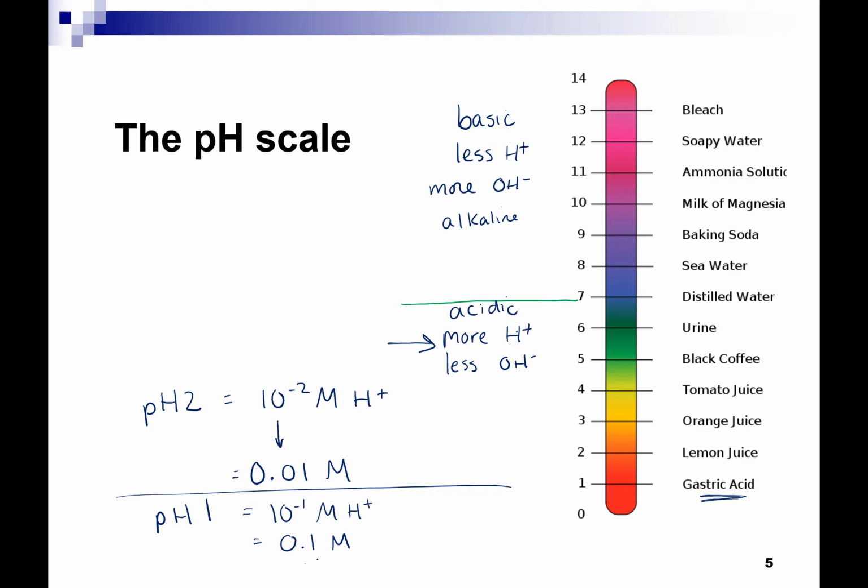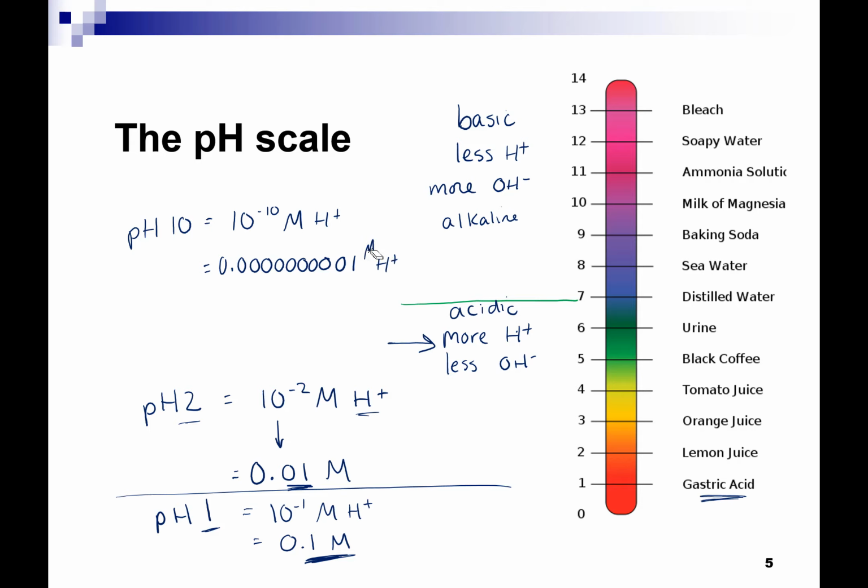So look at this, lower pH has a greater concentration of hydrogen ions than a higher pH. So pH of 10, which is 10 to the minus 10 molar hydrogen, is 0.1, 2, 3, 4, 5, 6, 7, 8, 9 hydrogen ions.